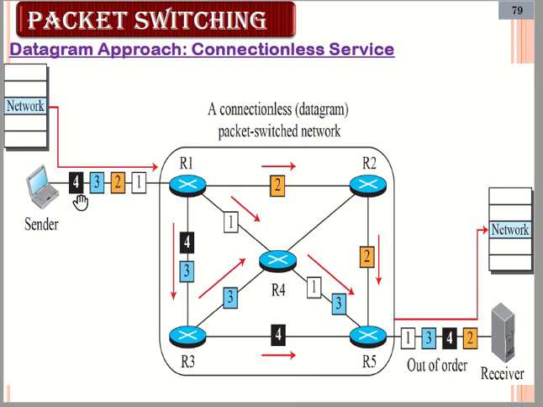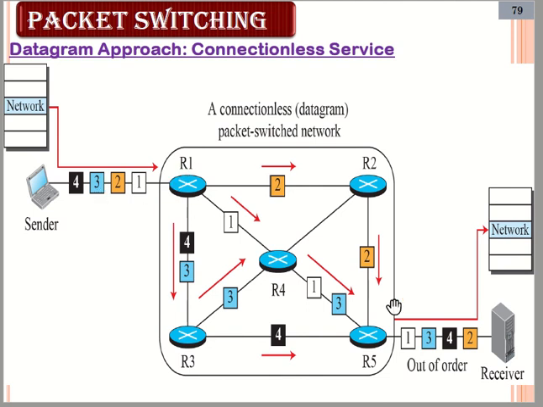Frame 4 goes to R1 first, then to R3, then R5, then to the destination. As you can see, the data has traveled in many ways. The data has taken different paths.